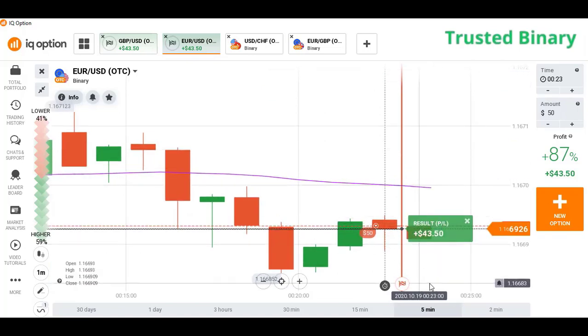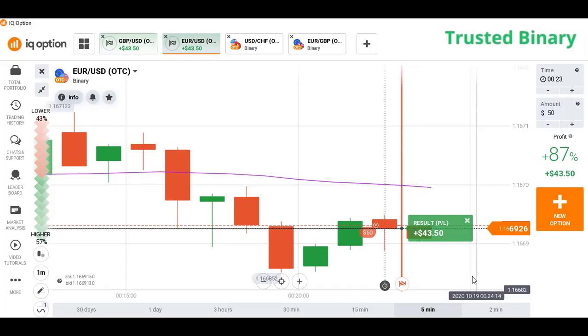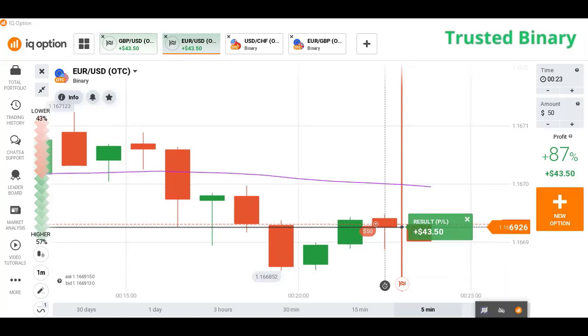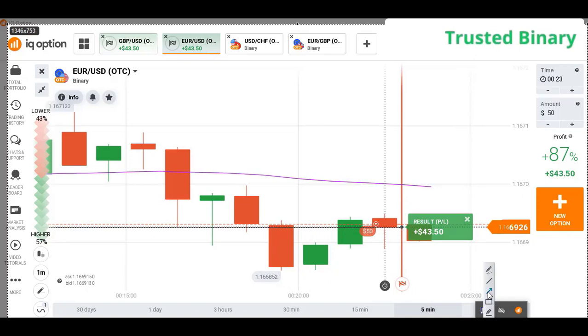Yes, this is my another winning trade. I am explaining here the reason for taking that trade. So this is a strong downtrend here.